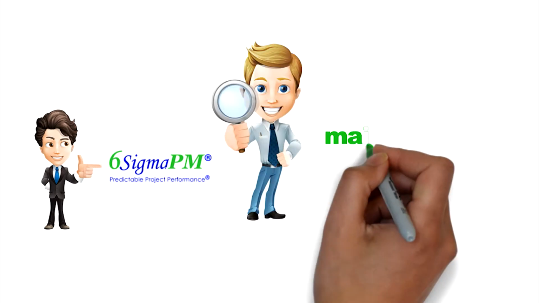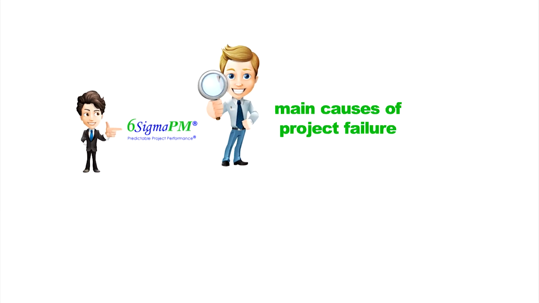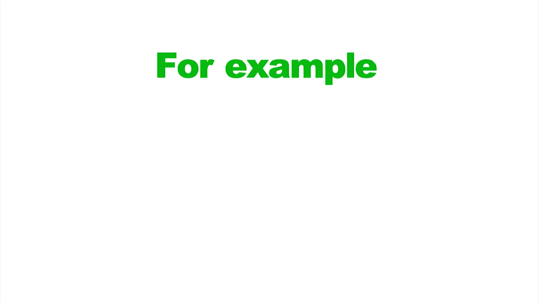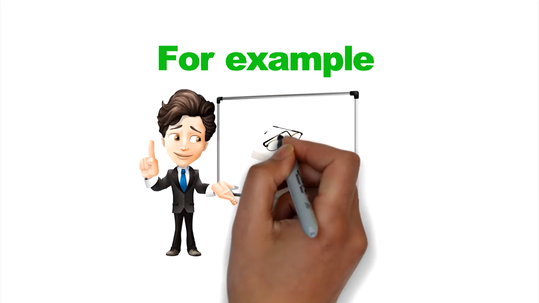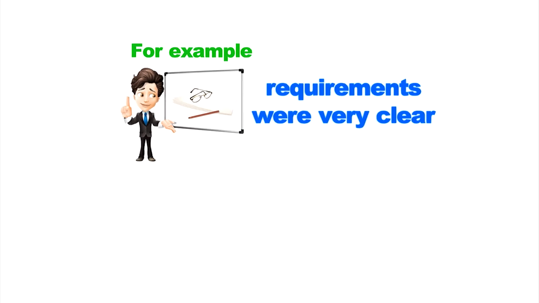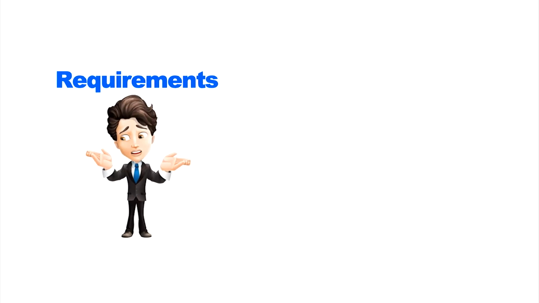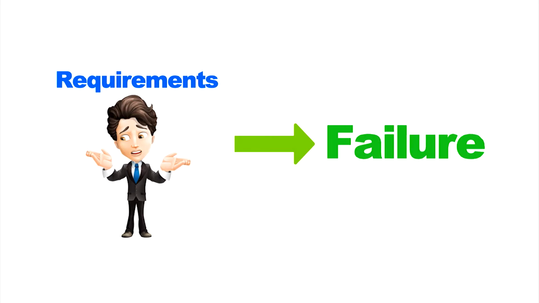Patrick heard that 6 Sigma PM had identified the main causes of project failure that contribute to the success or failure of a project. For example, on one of Patrick's recent projects, requirements were very clear, which drove project success. On a previous project, requirements were confusing, which drove project failure.